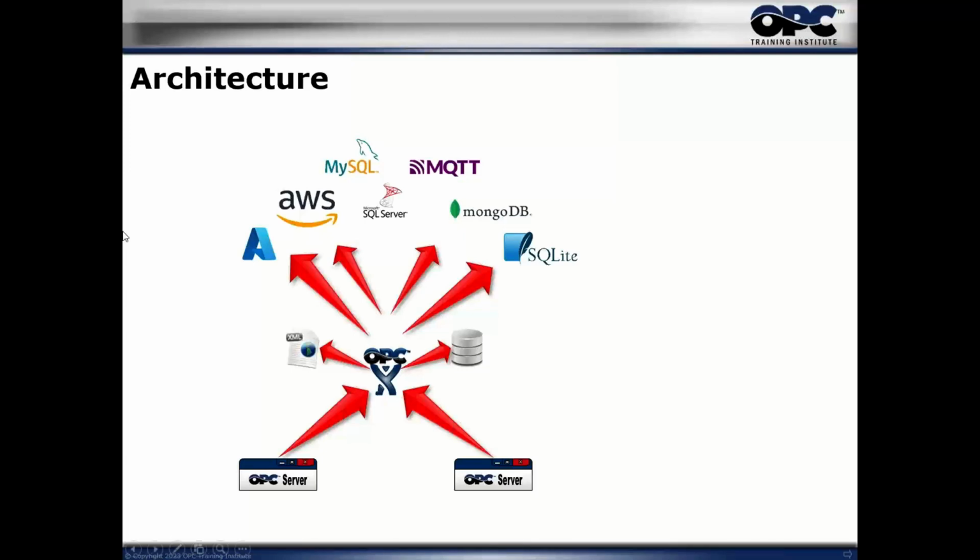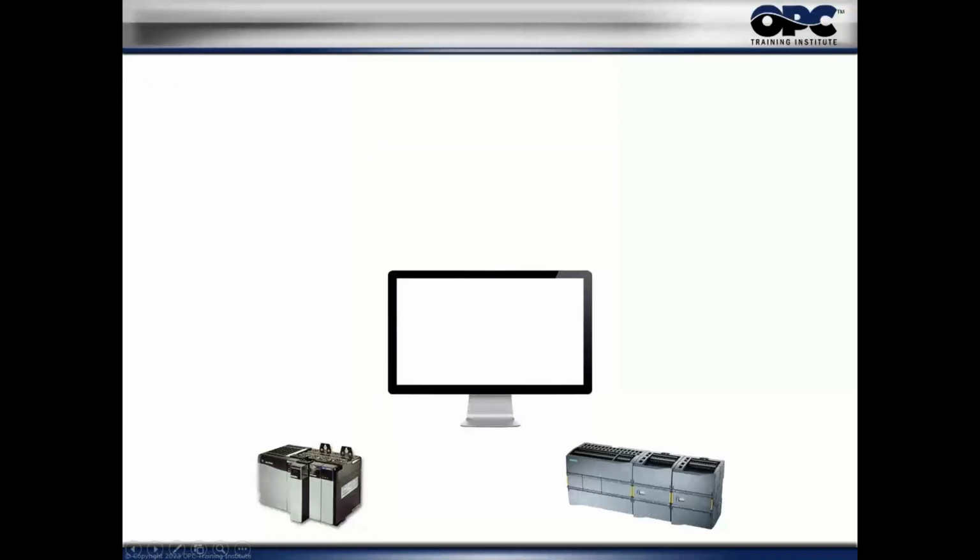Now, the cool thing is that, as you see here, this is local. So if the connection to these systems goes away for any reason, you're still getting your data locally here. As soon as the connection is restored, that data from here gets sent up here. So no data loss, store and forward.